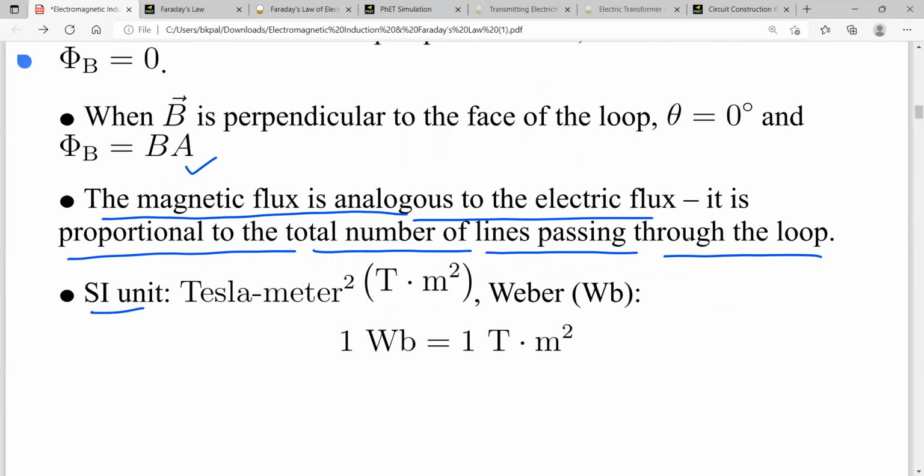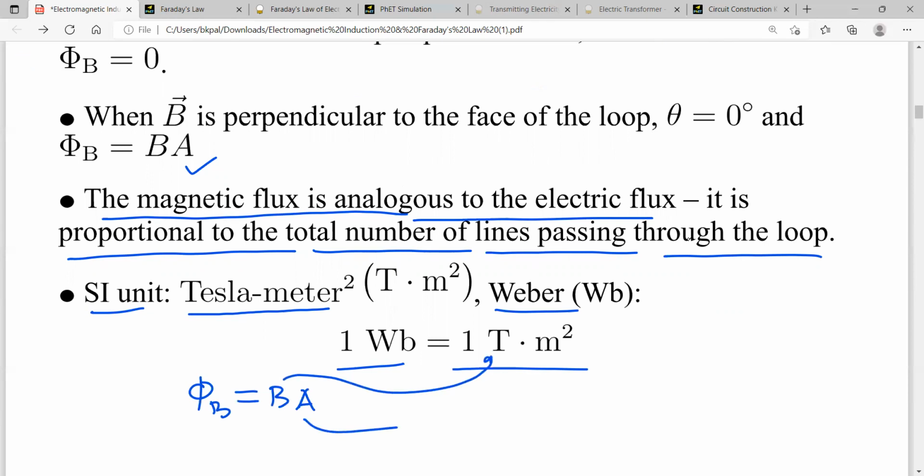The standard international unit is Tesla meter squared, or Weber. 1 Weber is equal to 1 Tesla meter squared. How does it come about? It comes from this equation. B is in Tesla and A is in meter squared. That's why 1 Weber, the standard international unit of magnetic flux, is equal to Tesla meter squared.